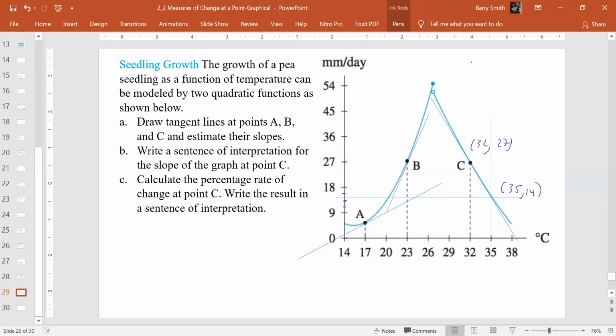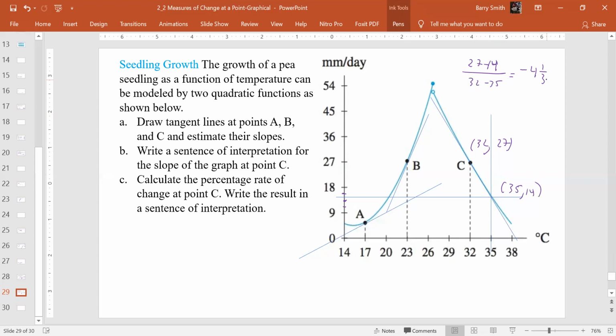So we'll have change in y, so 27 minus 14 over, well, which one's higher? That one's higher. Yeah, okay. Then 32 minus 35. So we have our negative slope, which is good. So 27 minus 14 divided by 32 minus 35, and we get negative 4 1/3.